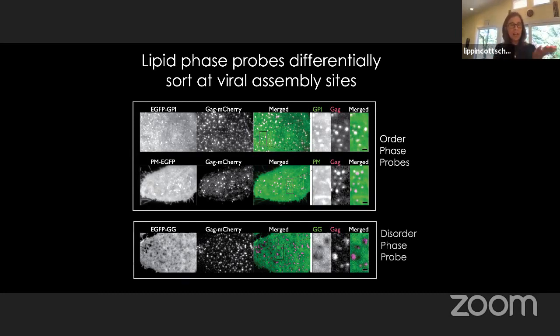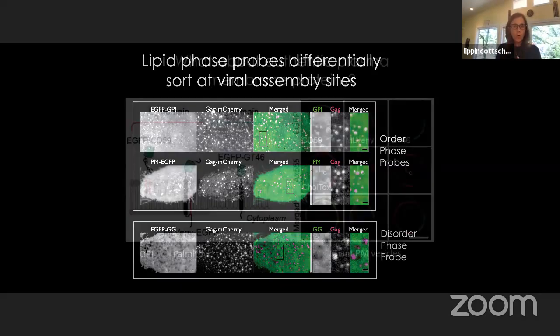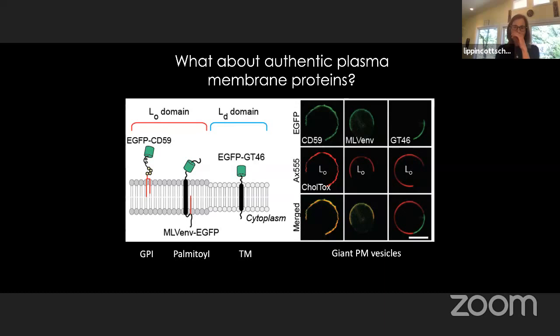So that suggested, hey, maybe the way proteins are being sorted into the virus is through phase partitioning, the ability of a protein to prefer being in a liquid ordered environment. So that led us to look at some authentic plasma membrane proteins that have been shown in prior work to prefer being either in liquid ordered or disordered domains.